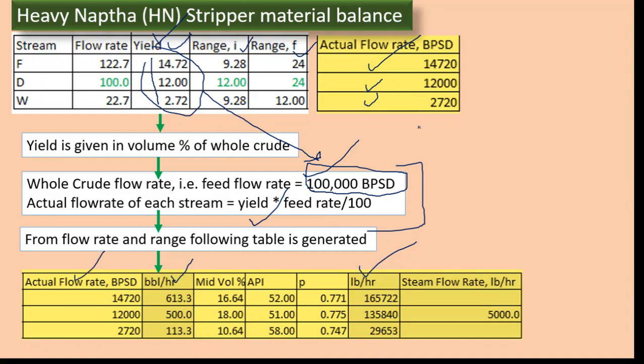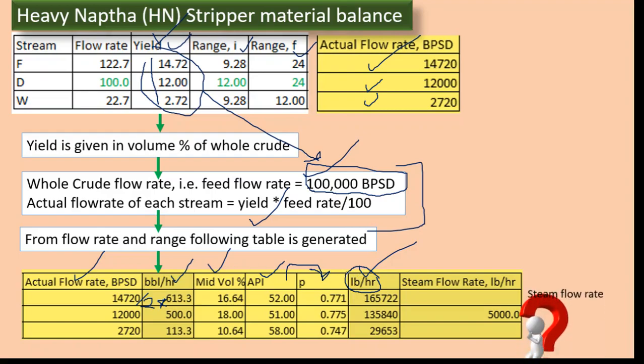The actual flow rates are given, so you simply divide these values by 24 and you get barrels per hour. You know the mid volume percent because the ranges are given. We can find the API with the help of the graph, and if you know the API, we can find the specific gravity using the formula. And there is a relationship between specific gravity and barrels per hour with pounds per hour, so you can convert it.